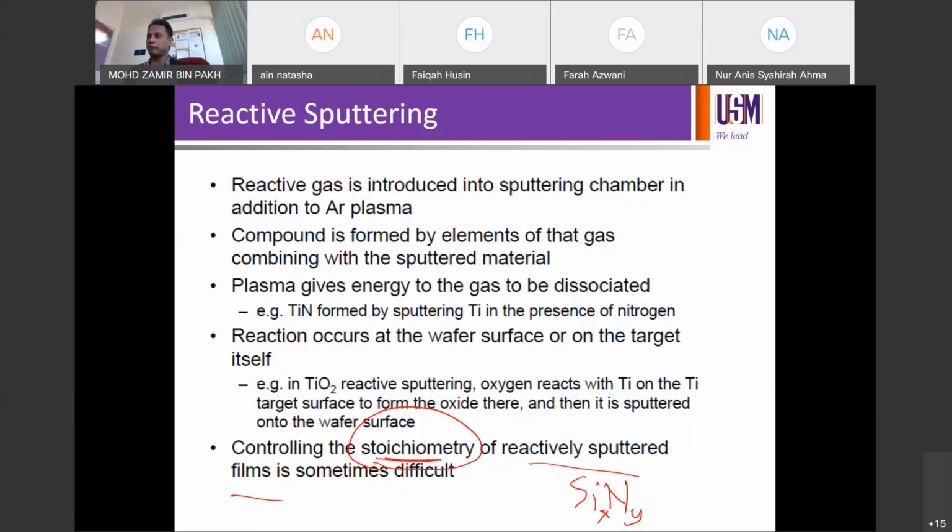So if you say silicon nitride for optical layer, then normally you're going to measure refractive index and extinction coefficient as the parameters to show the quality of your layer, right? Refractive index and extinction coefficient, if you're talking about optical material. So for example, if you want a certain value of N and a certain value of K, you can actually alter the values by altering the stoichiometry of the deposited layer, X and Y, right?